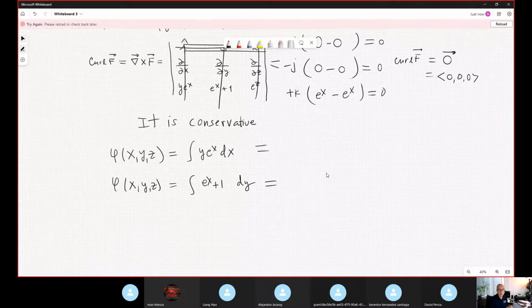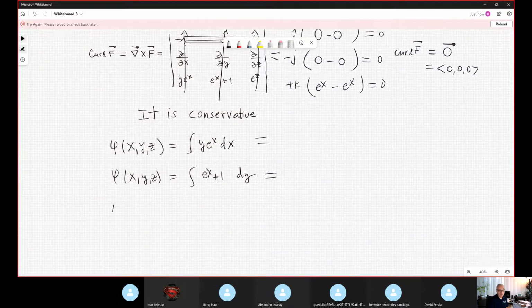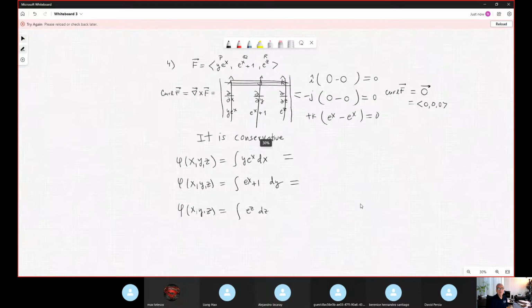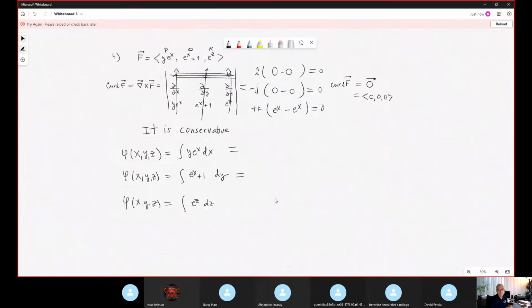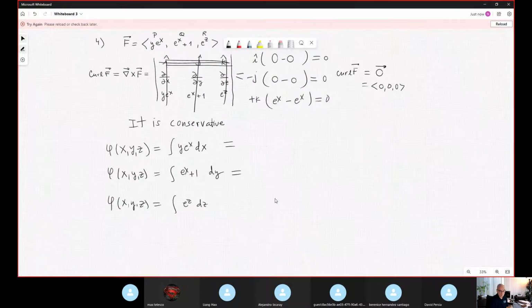And also the antiderivative of the last component, e to the z dz. Is it okay? Yeah. Now let's do it. This is easy because y is a constant, you put it outside the antiderivative, and the antiderivative of e to the x is e to the x, so the answer is y e to the x.